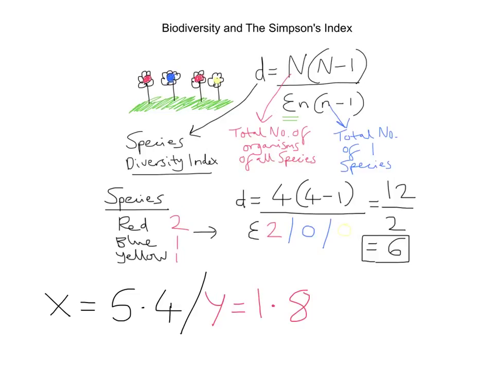And the exam question may be, what does that mean? So clearly, the higher the value for D, the greater the species diversity, also the greater the biodiversity essentially. And the value for D can range from 1 to infinity. So clearly, in summary, the higher the value of D, what that means is the more stable the ecosystem.